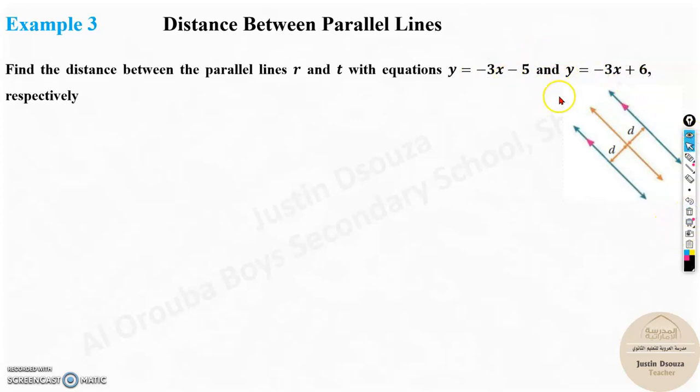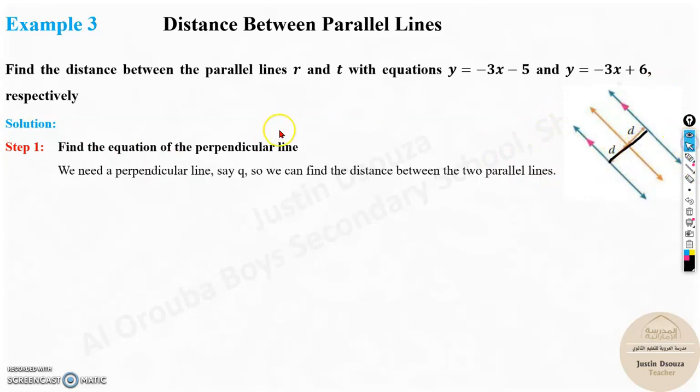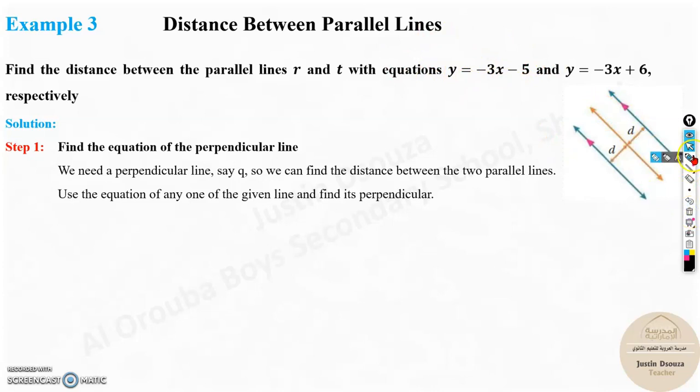Now we need to find the distance between them. So what we need to do is find the equation of the perpendicular line. We need a perpendicular line, say Q or anything. Then we can find the distance between the parallel lines. Over here, we can consider any one equation. This is important.